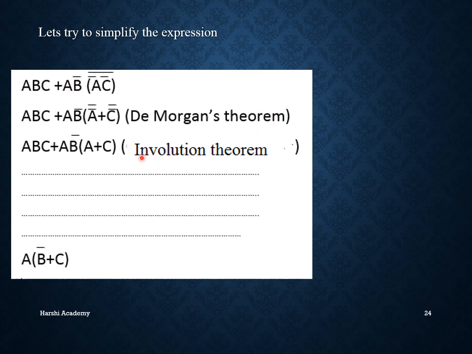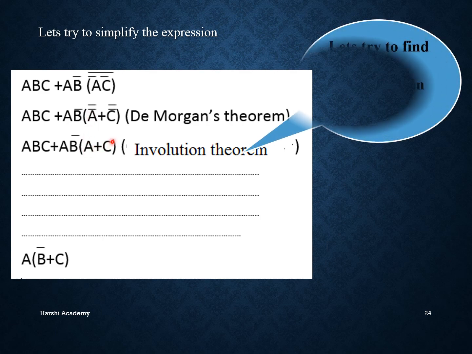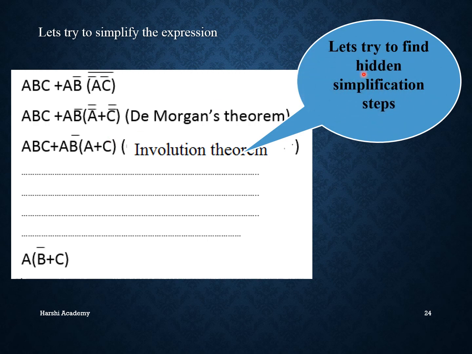Now using involution theorem, the double complement is cancelled. Then the answer is A plus C. Now let's try to find the hidden simplification steps and come up with this answer. You can send me your answer and check it.